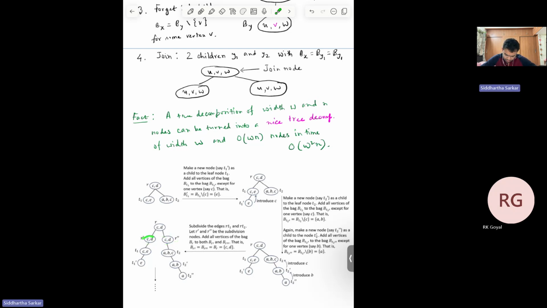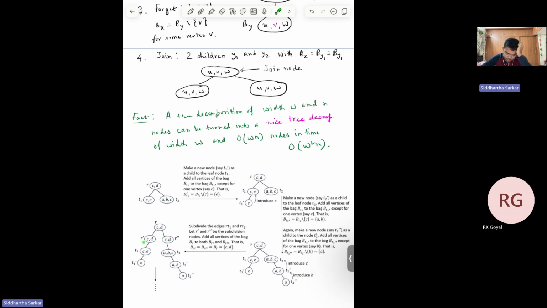Since R dash has a single child, it has to be either an introduce node or a forget node with respect to its child. Can we say that this is an introduce node or a forget node? No, it is neither introduce nor forget. So we have to take care of this as well as R double dash, because they are neither introduce nor forget.